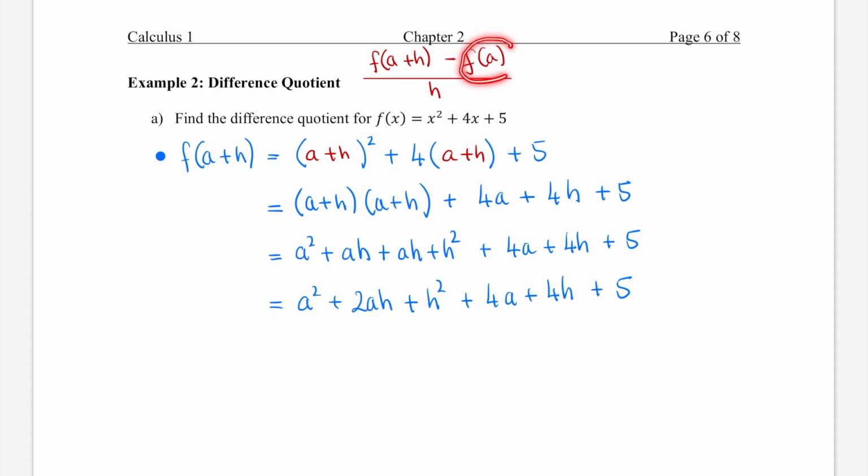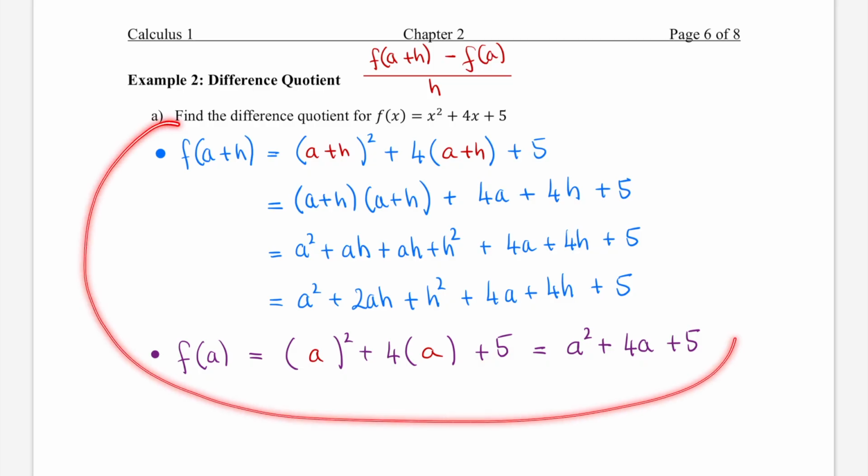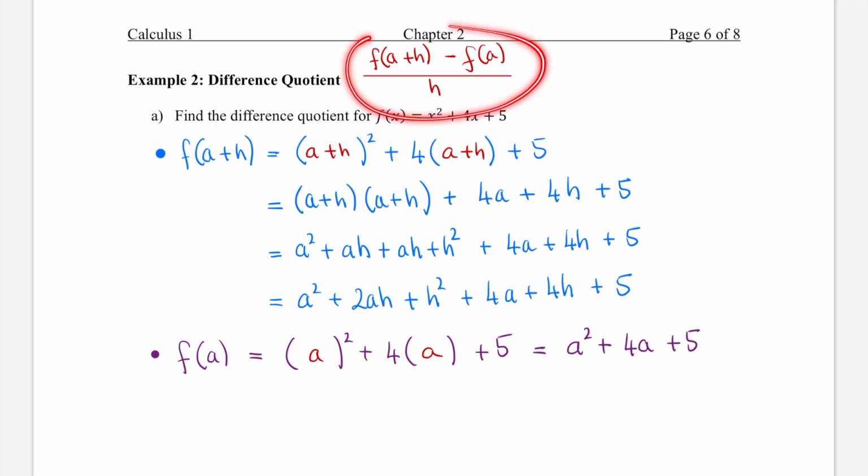Now, we'll find f of a. We use this function f of x, and we replace x with a. So f of a is a squared plus 4a plus 5. Now we plug these into the formula.